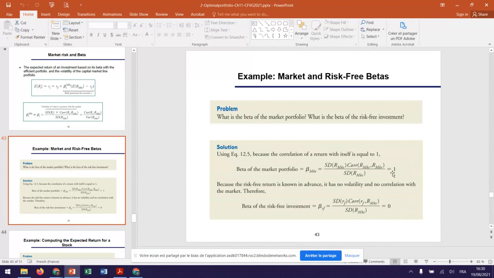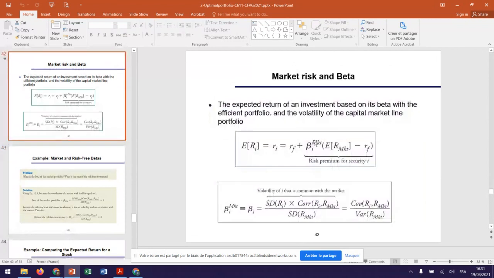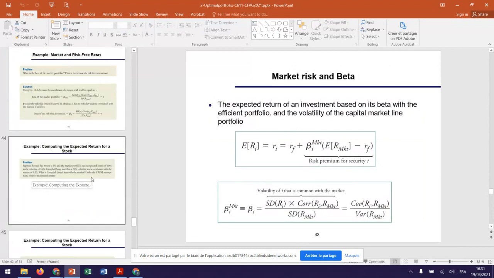The risk-free return is known in advance, has no volatility and no correlation with the market. Therefore the beta of the T-bill, the risk-free investment, should be equal to 0. When beta is 0, the expected return should be equal to RF. That makes sense.